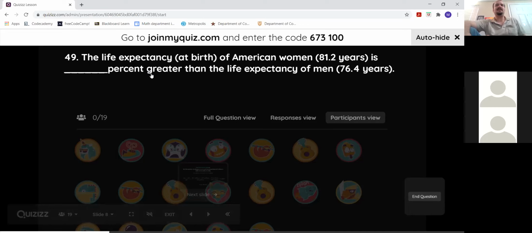So I'll give you a hint. This word really tells you if you're going greater, this should be going up. It should be positive. So that should tell you which direction to subtract the two numbers in, and it should also tell you which one to divide them by.